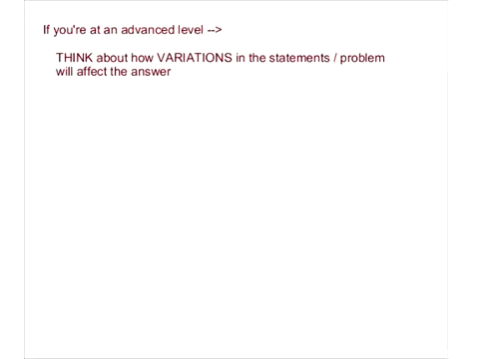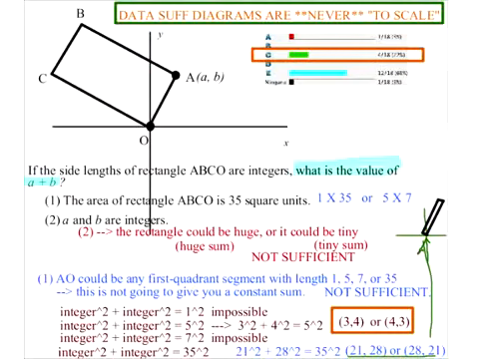Like for instance, in this last problem here, this Pythagorean triple worked out in two ways, but quadrants and stuff. You could tweak these statements so that, you know, maybe 30, instead of 35, it could be 36.